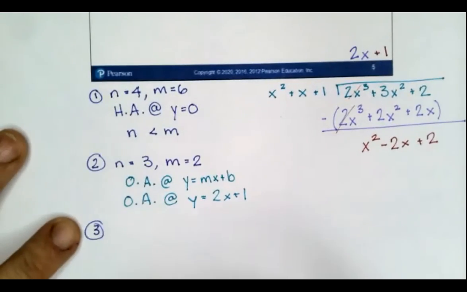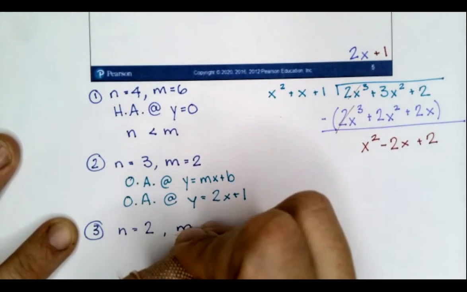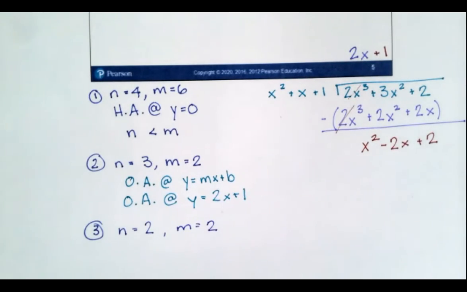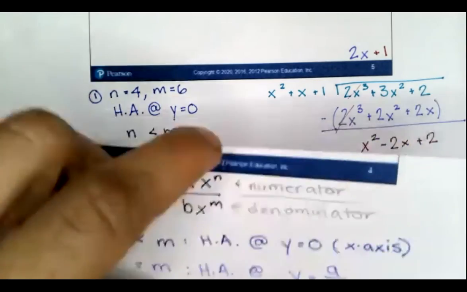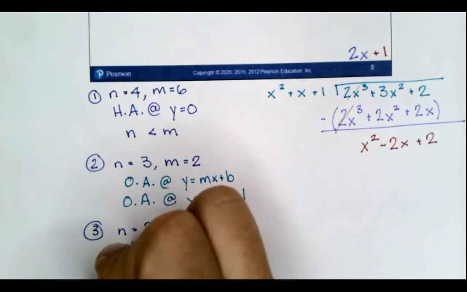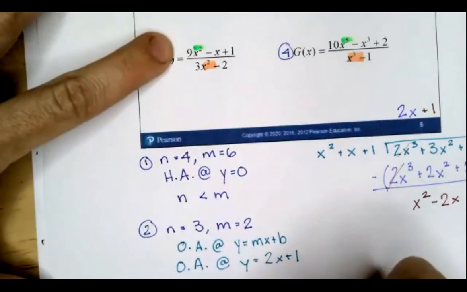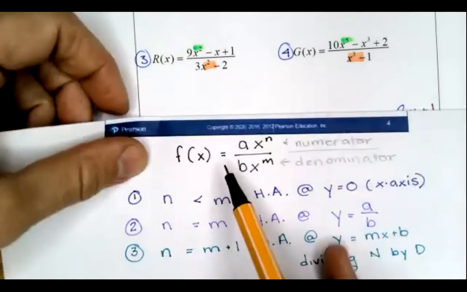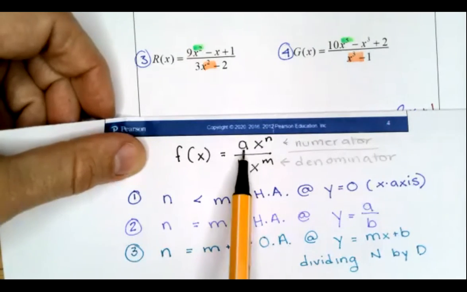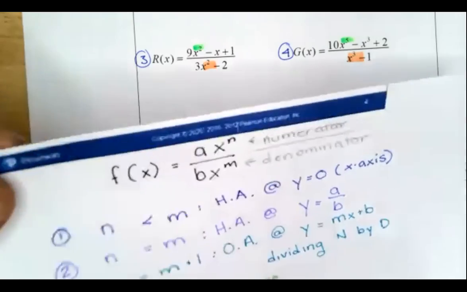Number 3, my n is 2, my m is 2. When they equal each other, we just have a horizontal asymptote at the coefficient of my numerator divided by the coefficient of my denominator, 9 divided by 3.